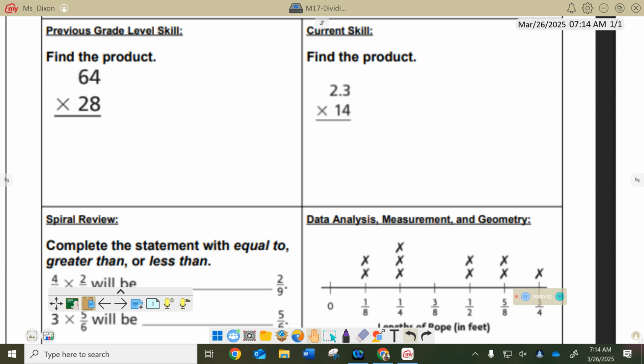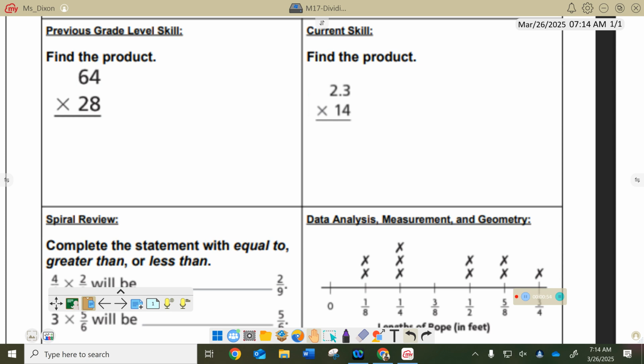The partial product method is a way that looks like the standard algorithm, but you solve it like the area model, in the effect that you are solving based on the value of each of your digits.